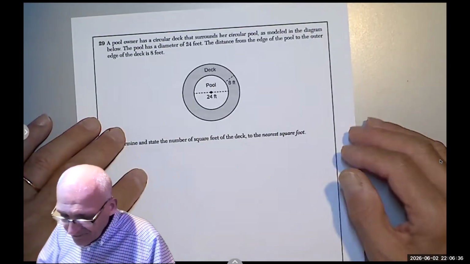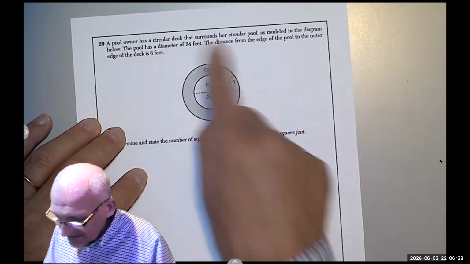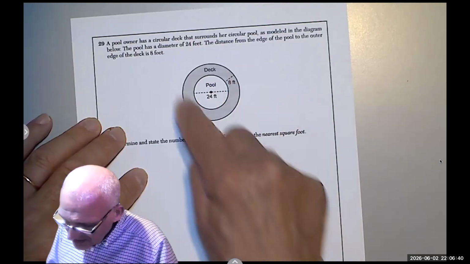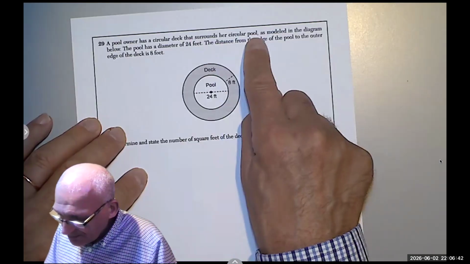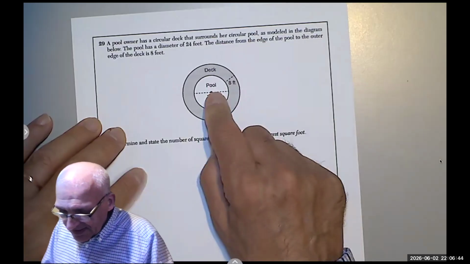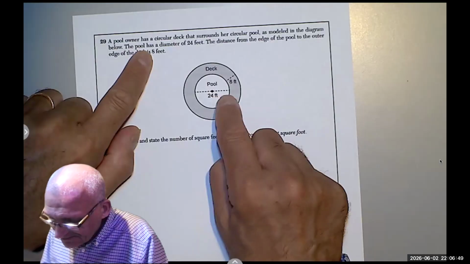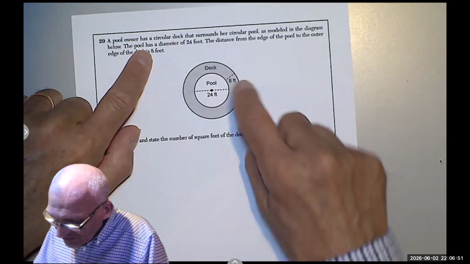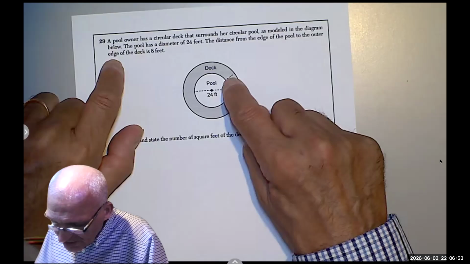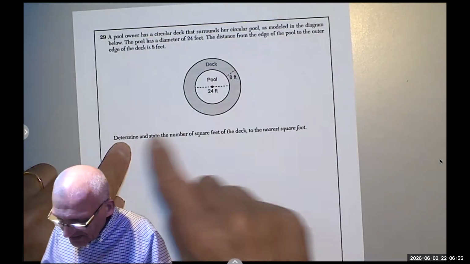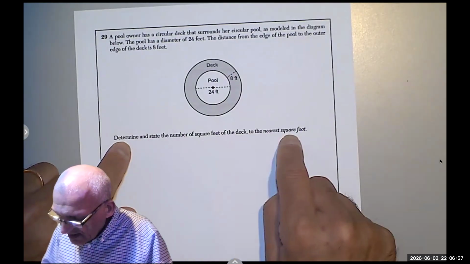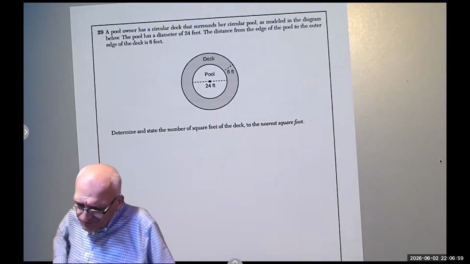But anyway, a pool owner has a circular deck that surrounds her circular pool, as modeled in the diagram. The pool has a diameter of 24 feet. The distance from the edge of the pool to the outer edge of the deck is 8 feet. Determine and state the number of square feet of the deck to the nearest square foot.